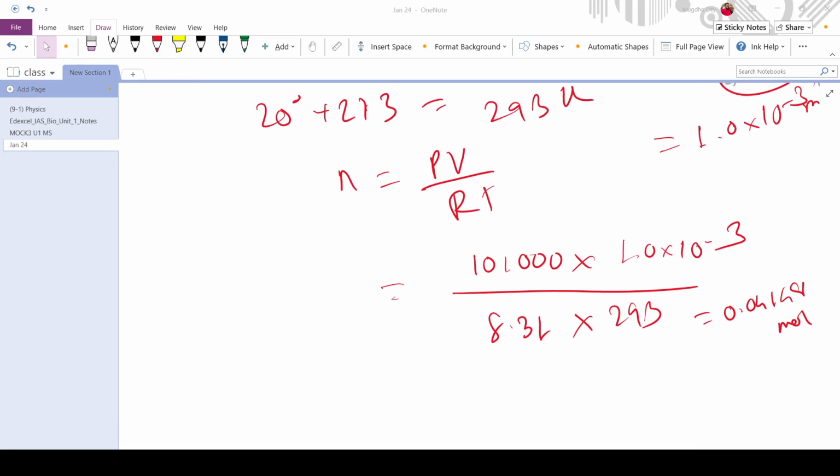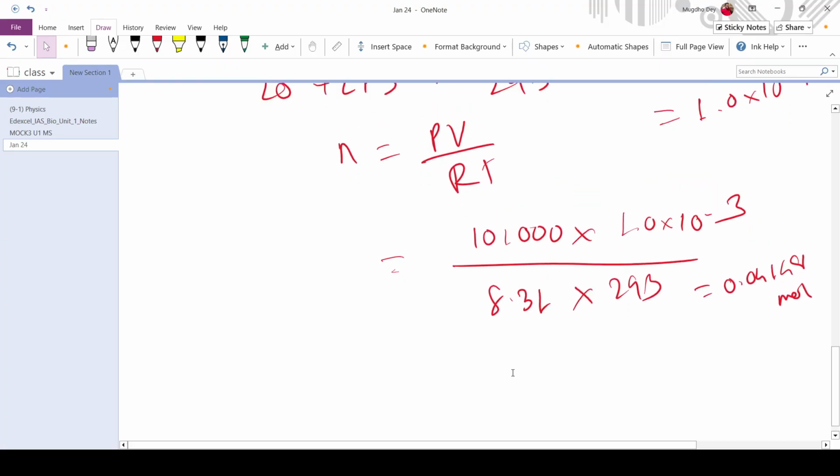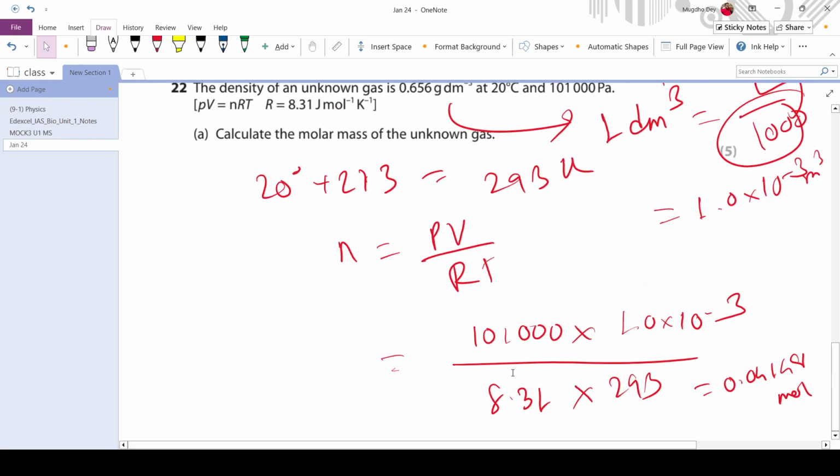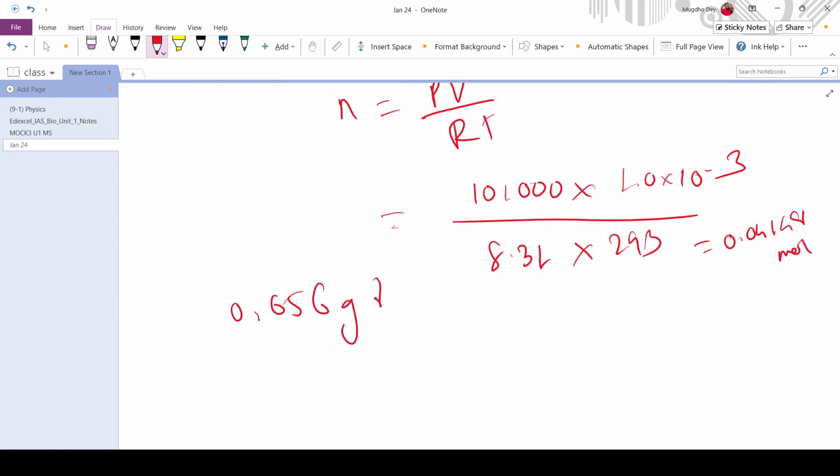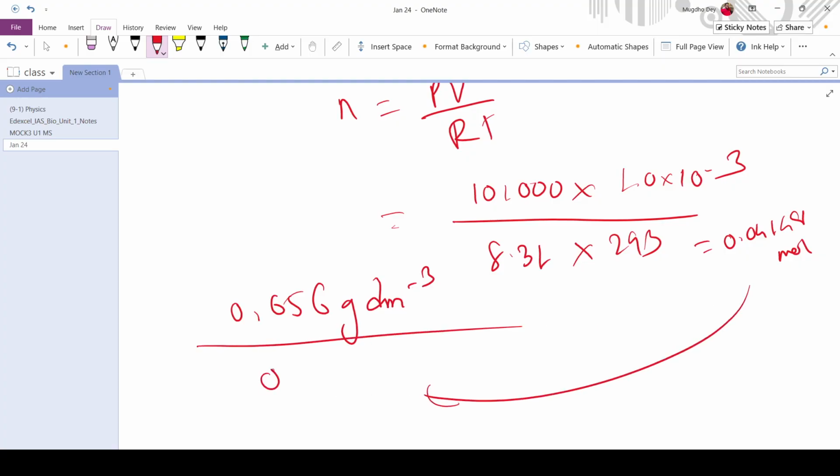Now you need to know the molar mass, right? And you have 0.656 gram per dm cube. So if you just divide it with this mole, 0.04148 mole. So, one minute, let me think about it.